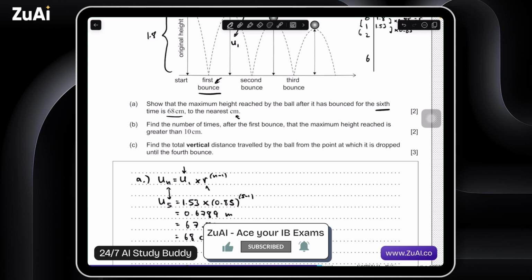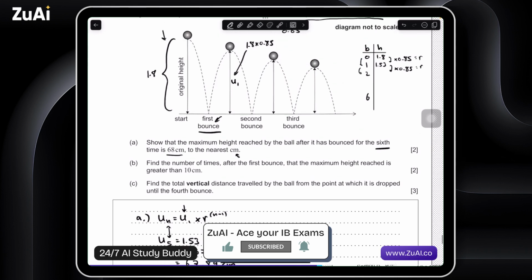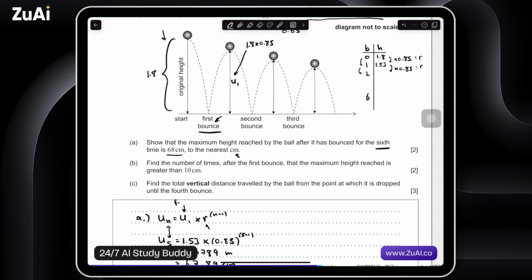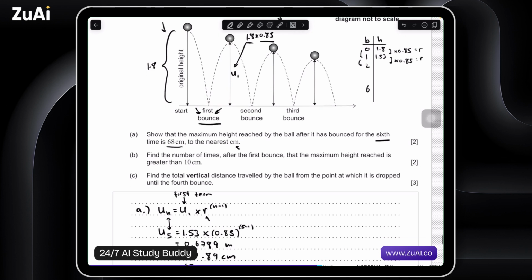Alright, so I think the trick in this one, or maybe the challenge, is that this is the value of the first term, and the first term doesn't correspond to the drop height itself. It corresponds to the height reached after the first bounce. So drop height times that 0.85, or 85%, to which it rises. So that's our U_1.